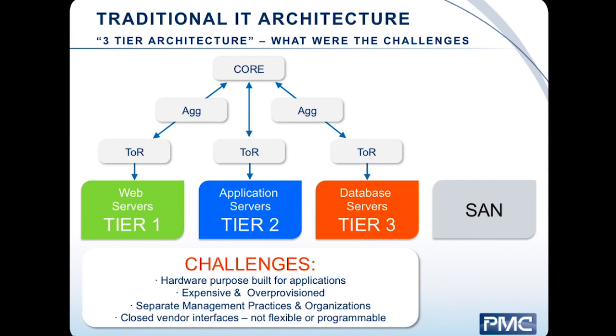So where have we been in terms of building data center architectures? In the past, we had silos of infrastructure that were vertically integrated and vertically optimized in order to run pieces of our infrastructure. We had the web tier, the application tier, and the database tier with a large connected storage area network.